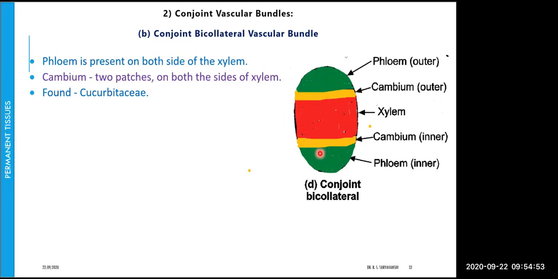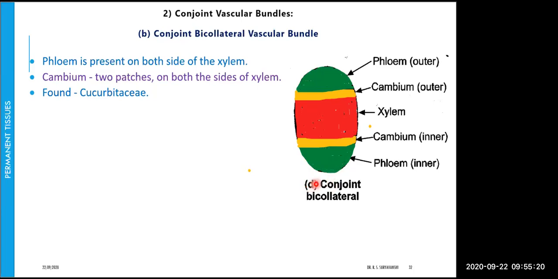Here and here are the cambium patches. This one is called outer because it is towards the outer surface, and this is towards the center, that's why it is called inner. So on both sides, patches of cambium are there, and the outer phloem and inner phloem are there in the same single vascular bundle.